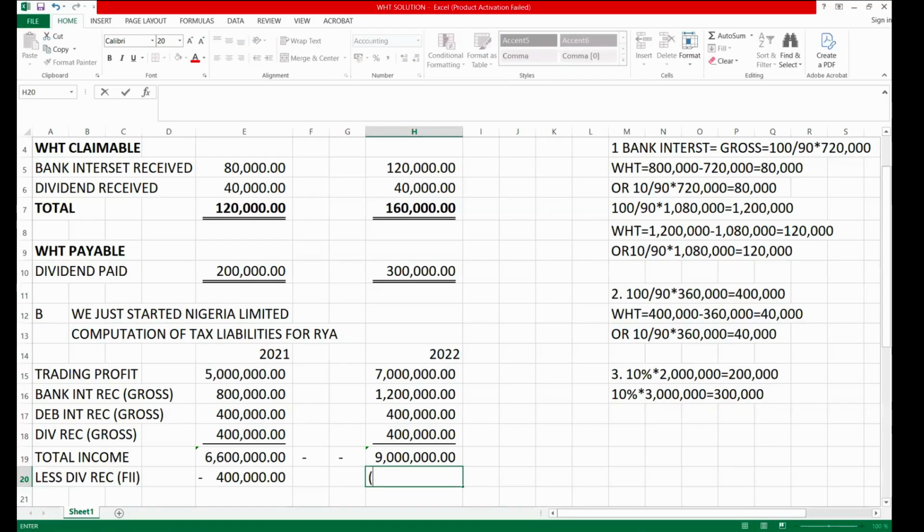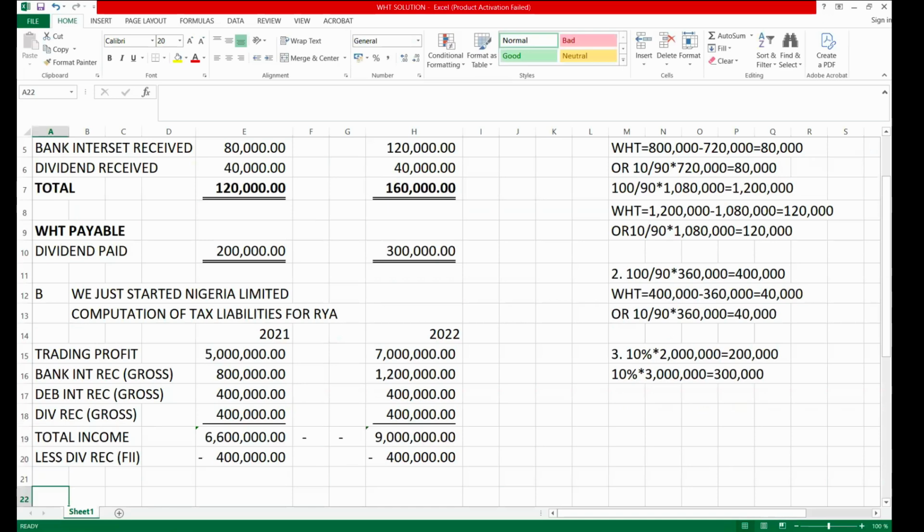After you have eliminated that, you now get your taxable income, or they call it total income, which is subject to tax.